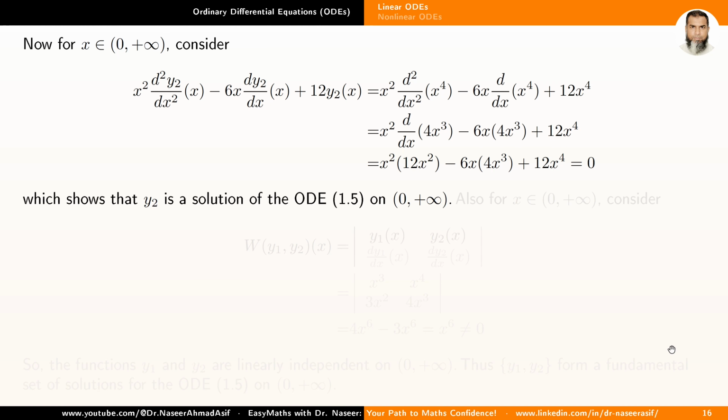We show that y2 is a solution of the ODE 1.5 on the open interval 0 to plus infinity.